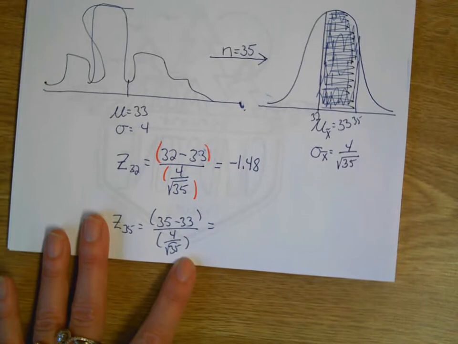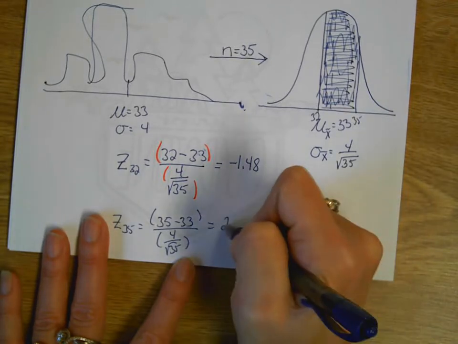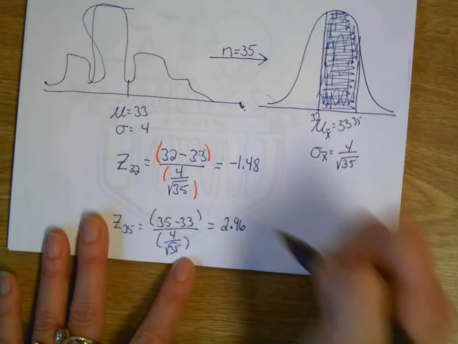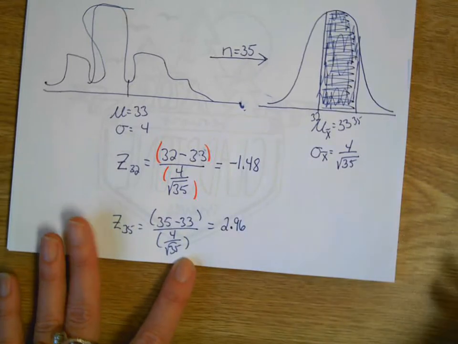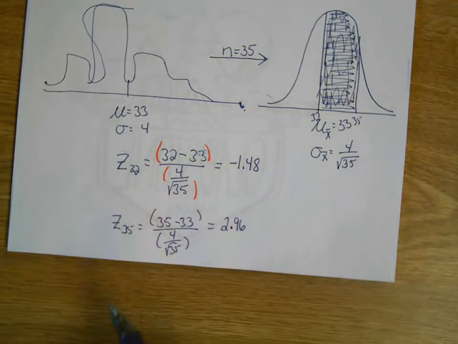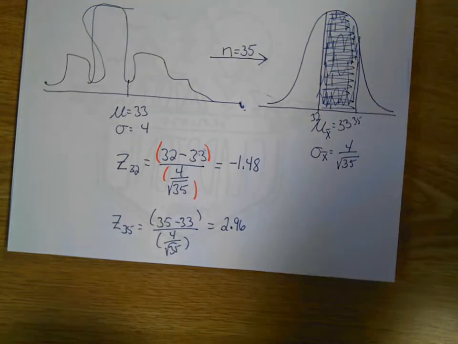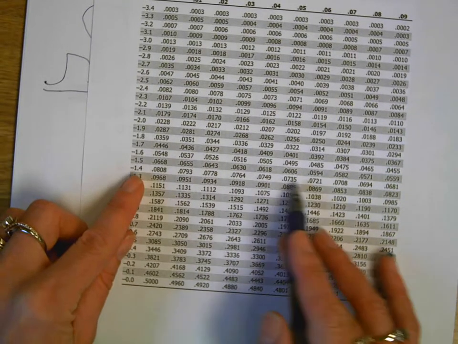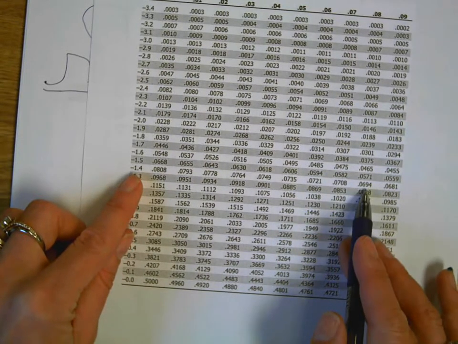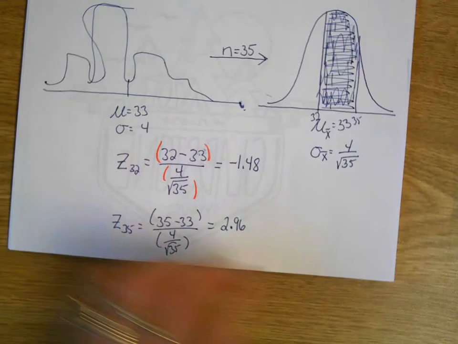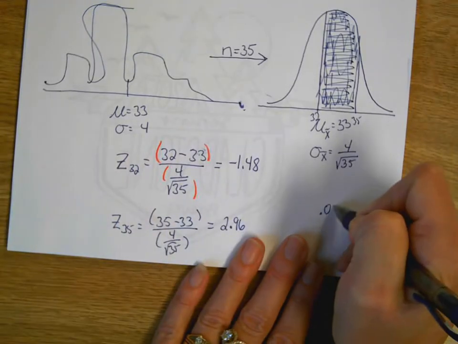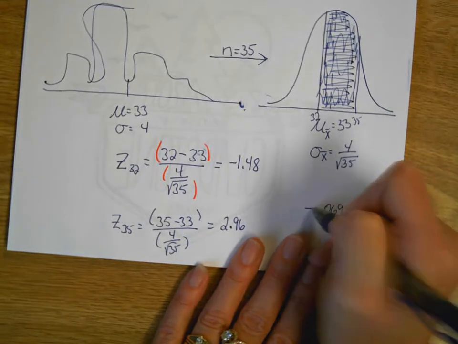And what's this z-score? 2.96. Now you're ready to go to your table, find the two areas behind them, and subtract. So the negative 1.48, 0.0694, if my eyes are correct. That'll be the one that's being subtracted.